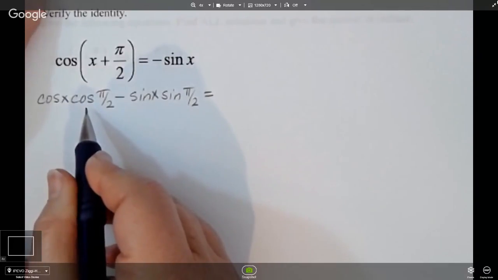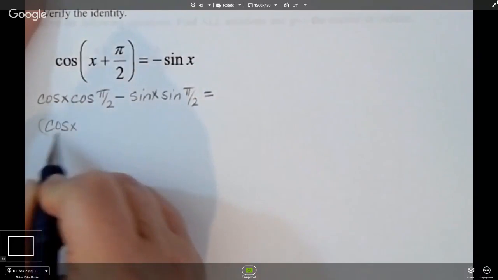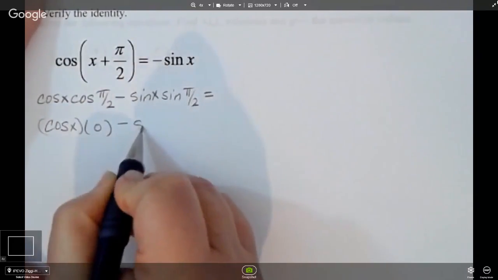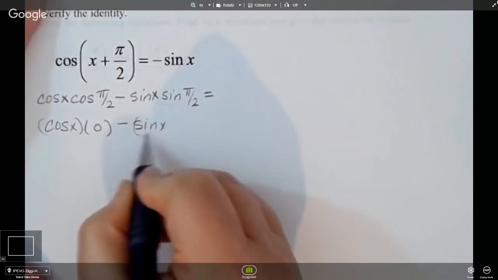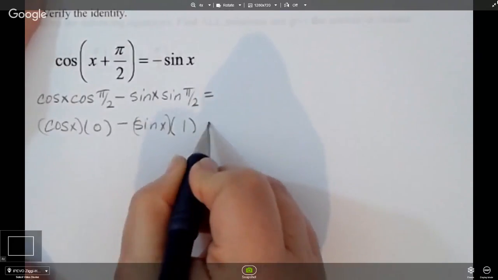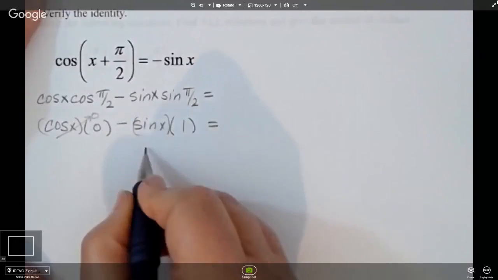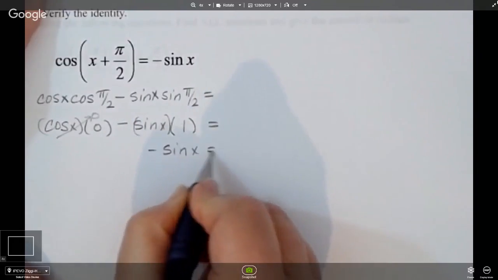The cosine of pi over 2 is 0. So this will end up being cosine of x times 0 minus the sine of x times the sine of pi over 2. Well, what's the sine of pi over 2? That's nothing more than 1. And so this goes away, and I'm left with negative sine x equals negative sine x.